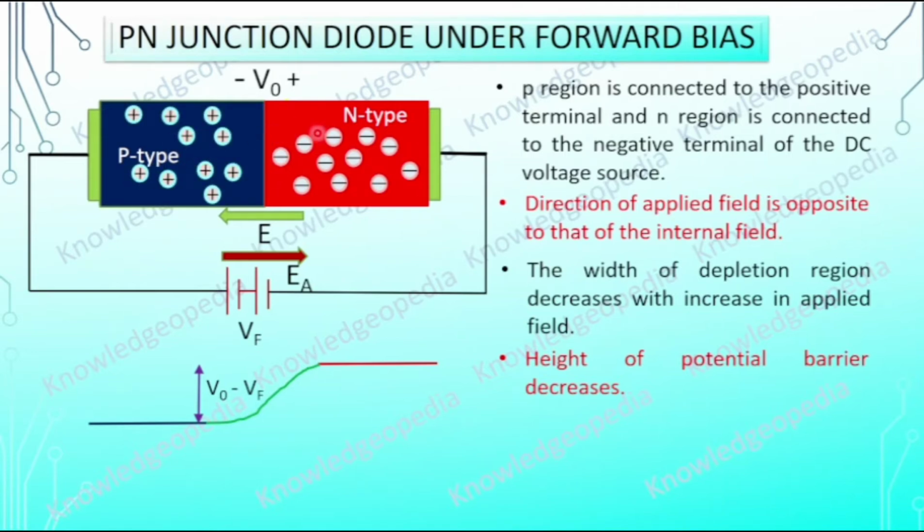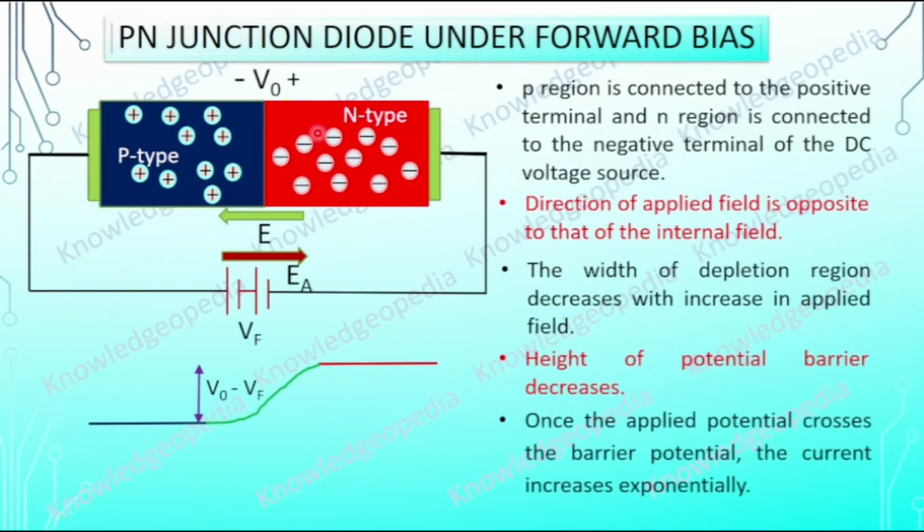So if there is a free flow of carriers, what will happen to the current? That will increase. Once the applied potential crosses the barrier potential, the current increases exponentially. When Vf is less than V0, there will be some barrier height, so it will be difficult for the carriers to move from one side to the other, and hence we will not get any current.